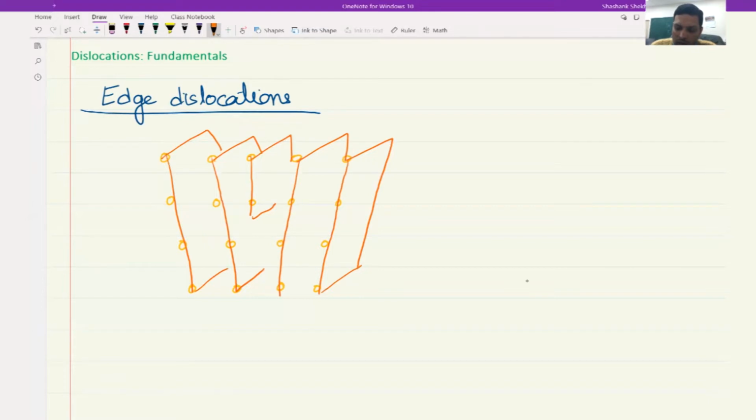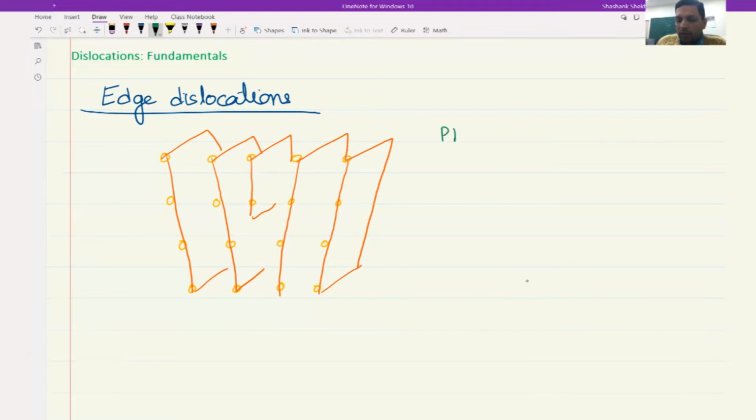So for these, there is continuity. This is a whole plane, this is a whole plane, this is a whole plane. On the other hand, this is just a half plane. So edge dislocation is basically an extra half plane.